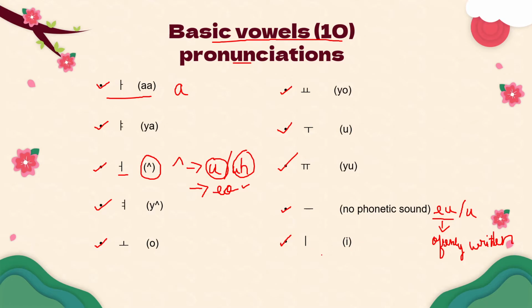Now this one is E, written as E, and the pronunciation is also E. It is written as ear. It almost does not have a phonetic value because this is used with consonants.